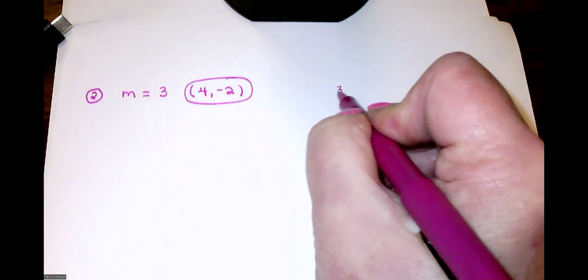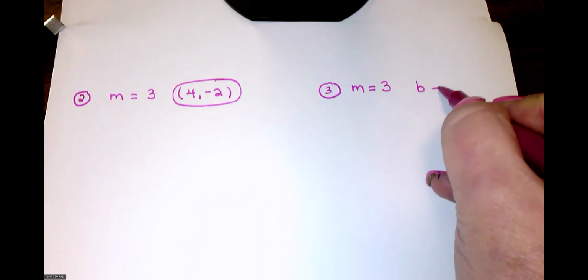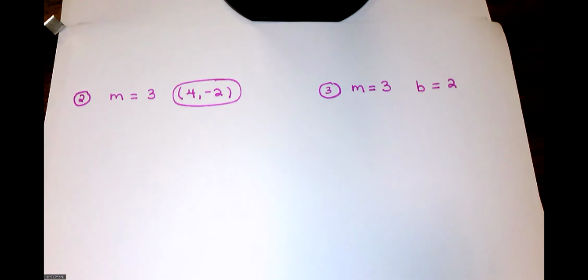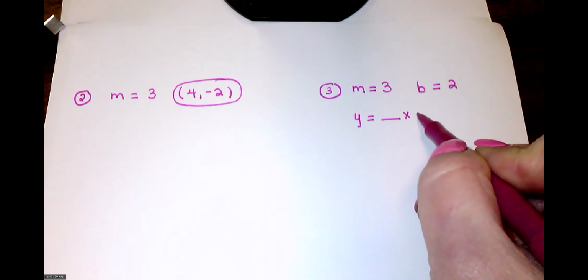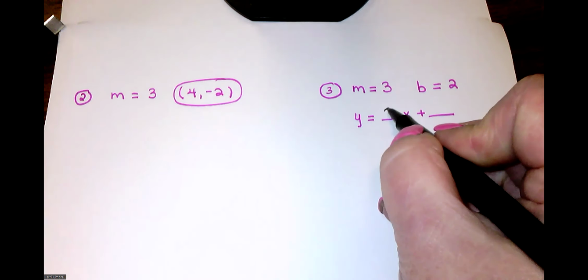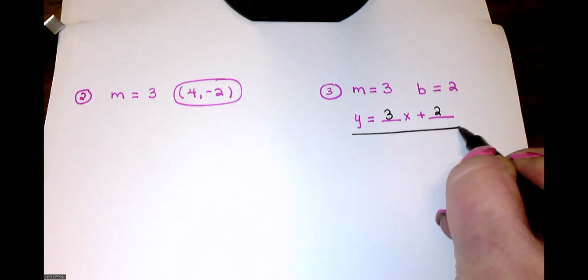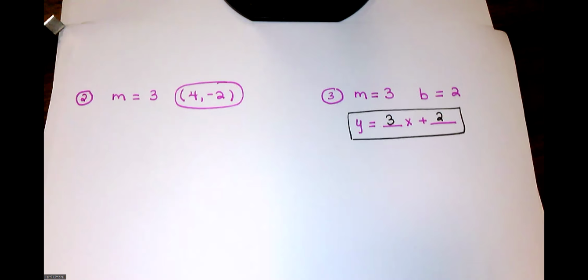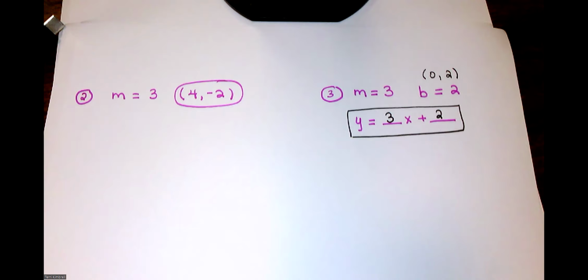If you remember when we covered that, some of our questions had the slope as 3 and the y-intercept as 2. And remember, all we had to do was plug those numbers in. So you would have y equals 3x plus 2. Now the y-intercept could be given as (0, 2), and you could go straight to doing that the same exact way.